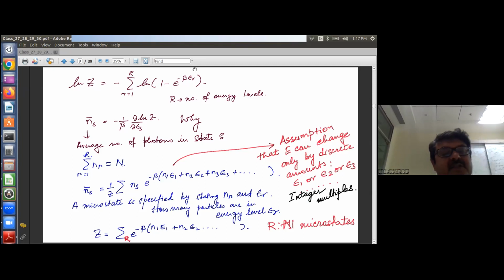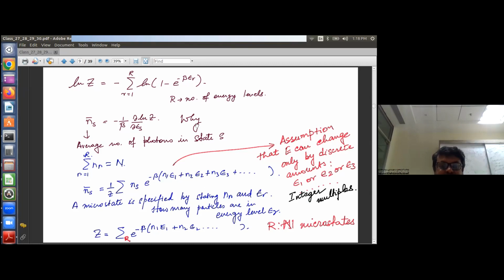And if you know this, then you can actually calculate the average number of particles in a particular energy level s, and that is given by minus 1 by beta del by del epsilon s of ln Z.